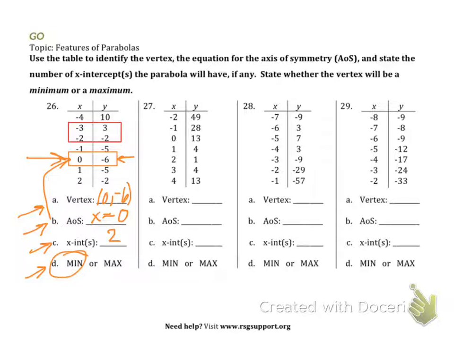Next up, for number 27, again, going down, down, down, down, and then stops. So we have our turning point right here, and we know that our vertex would be 2, 1, and we know that our axis of symmetry is at 2.